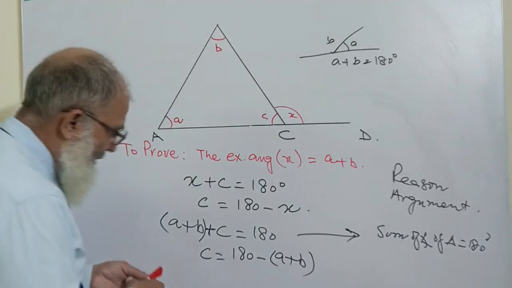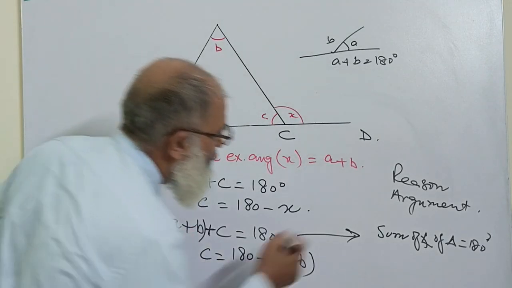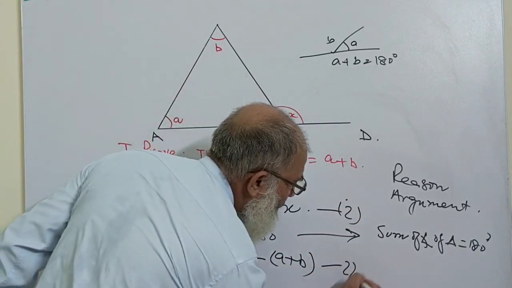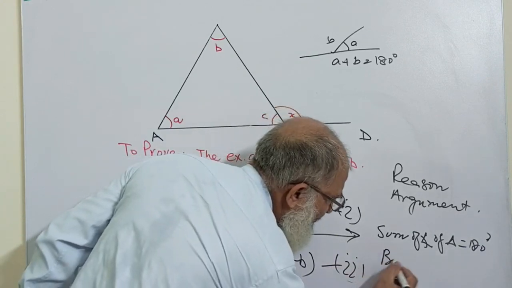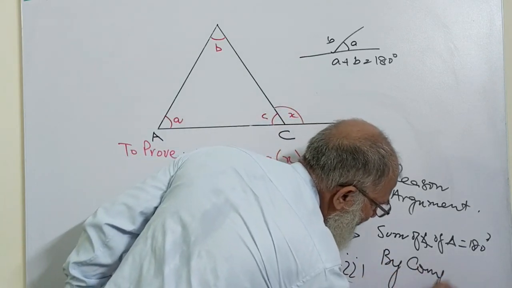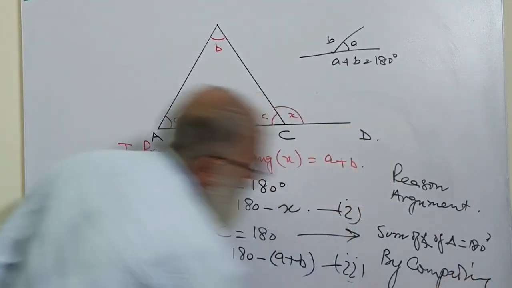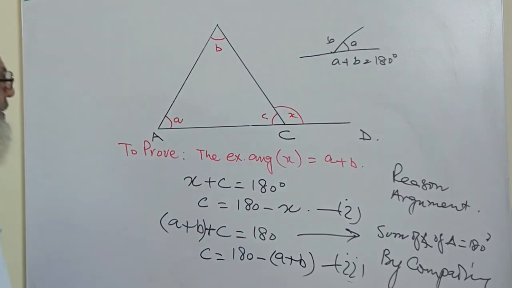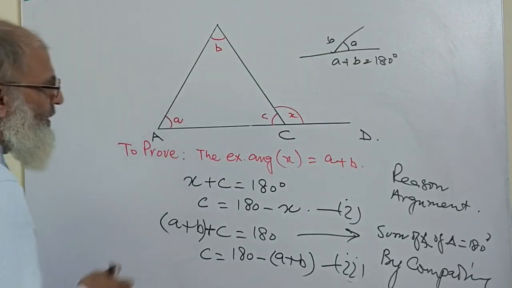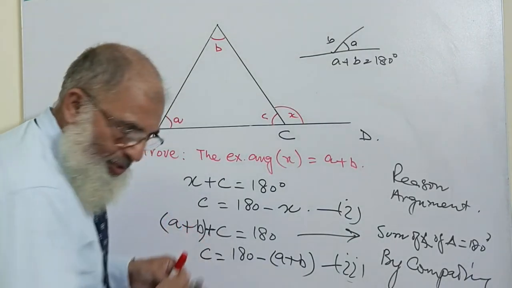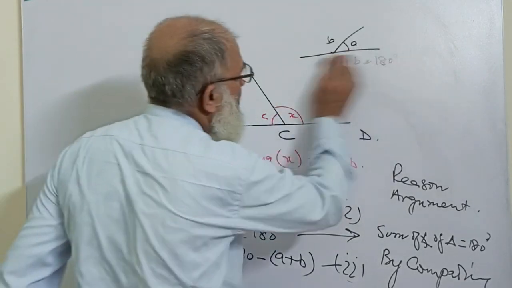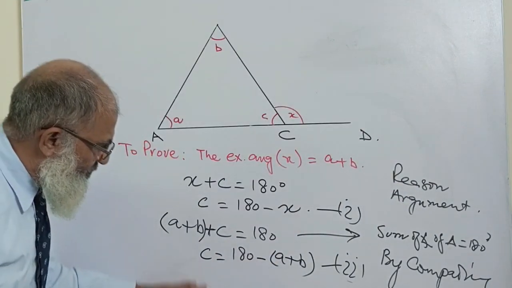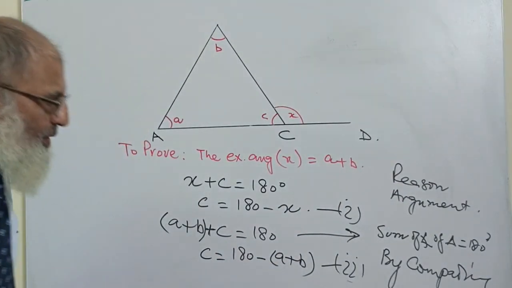By comparing equation 1 and equation 2, the reason or argument is by comparing. I can do it here somewhere because I know that if I go below this line, it will not be visible to you.